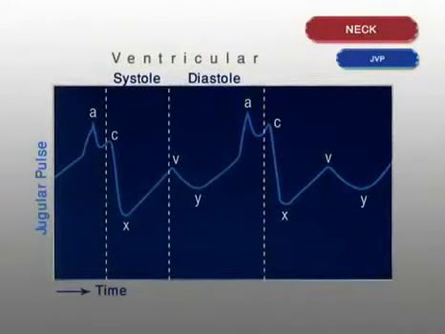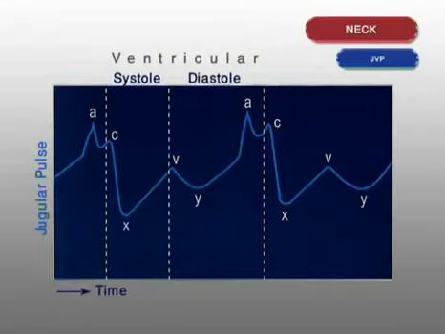Just before we leave the discussion about jugular venous pressure, we have to mention what are the jugular venous pressure waves. We know that the jugular venous pressure waves are multiple waves, and they are not simple waves. There are 2 positive pressure waves and 2 major negative pressure waves.